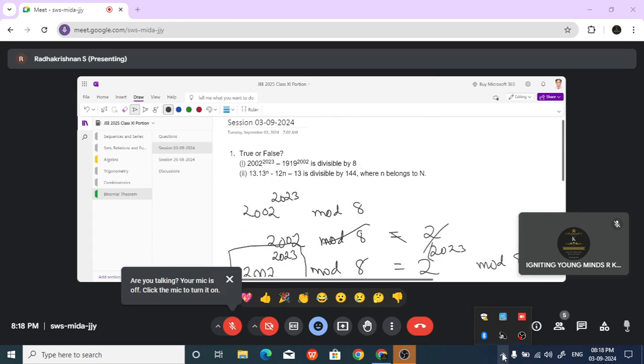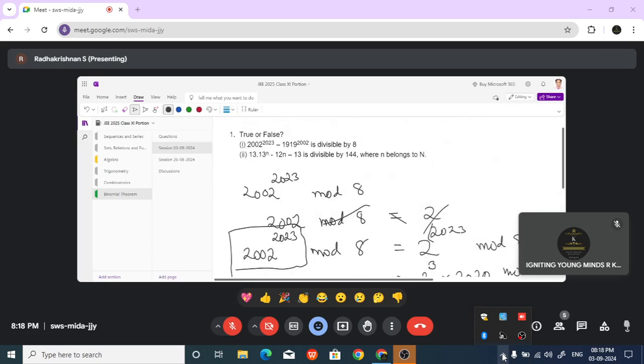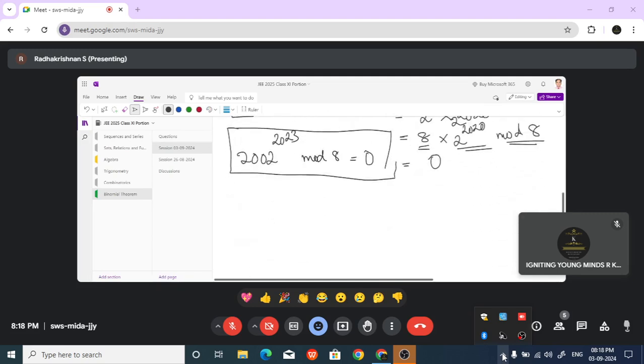Now they have given another term, 1919 to the power of 2002. So in the same way, can you try this? Use the same concept and try this. 1919.